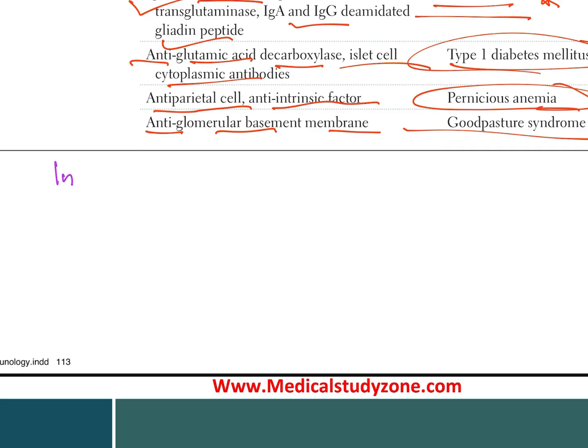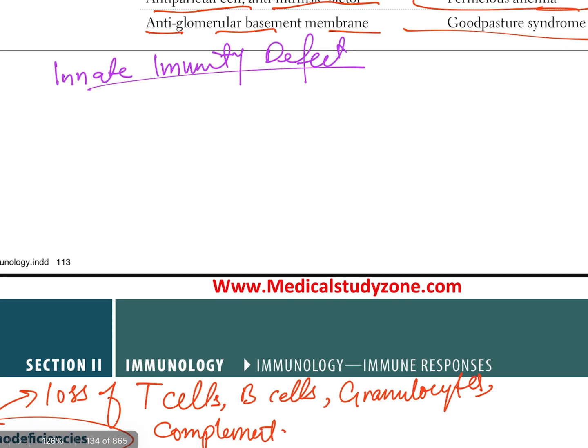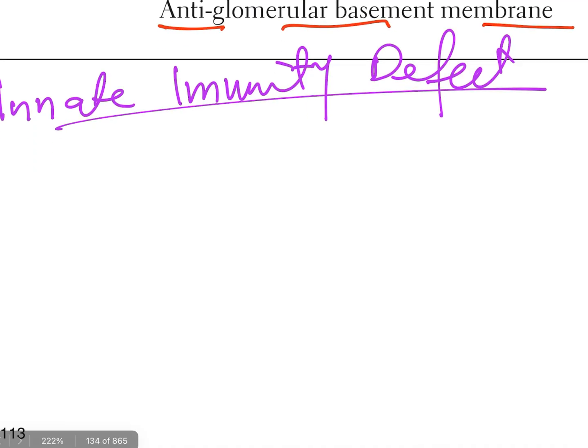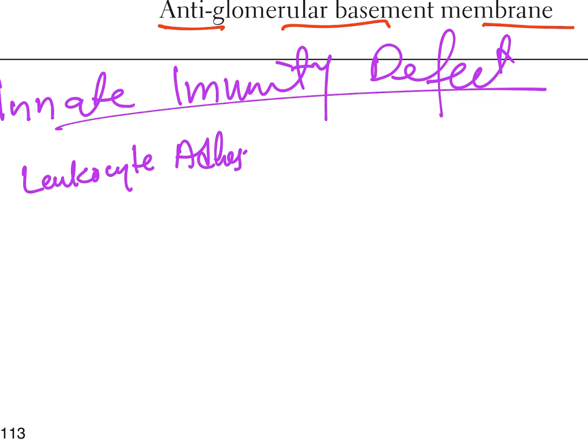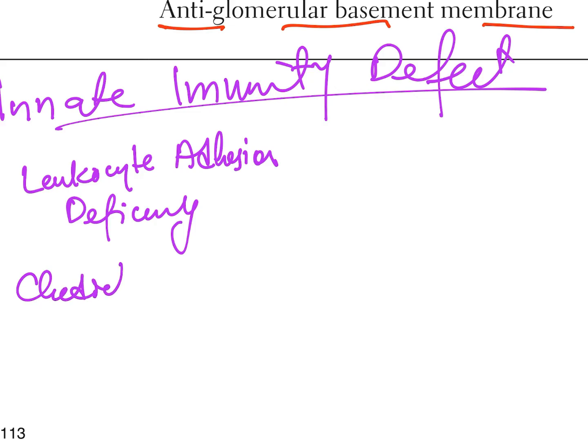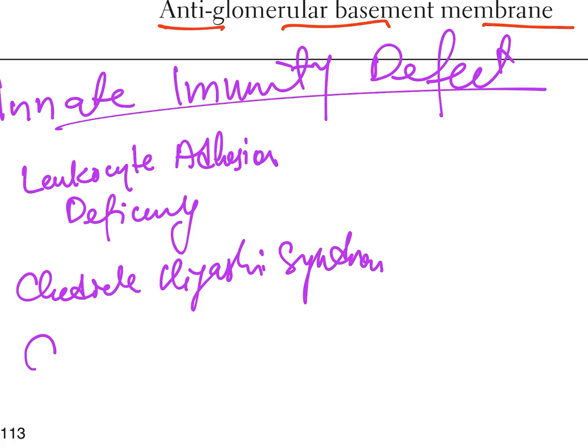In innate immunity defects, for example, we have the disorders of leukocyte adhesion deficiency, Chediak-Higashi syndrome, and also chronic granulomatous disease.